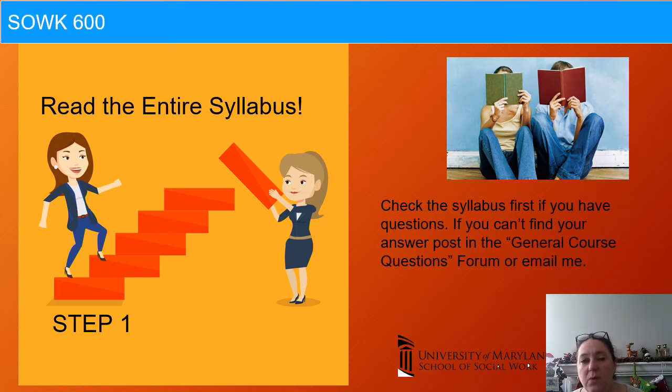So you can post any questions there, and anyone can respond. You may have a question that another classmate has already asked or knows the answer to, so you may get your answer there quickly. But other than that, go to the syllabus first and see if it's in there. That's going to be your guide for the course.